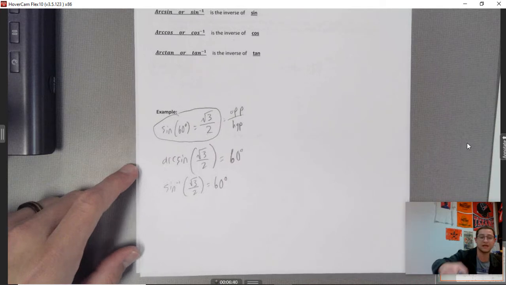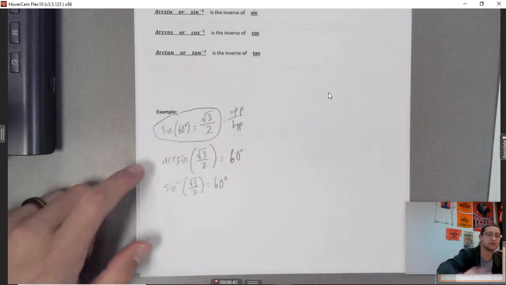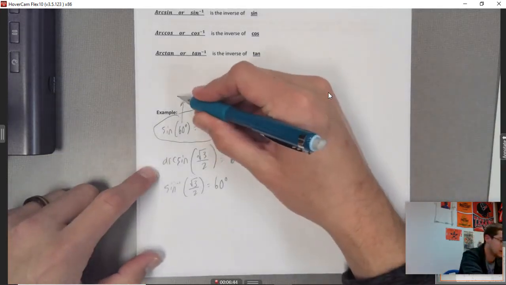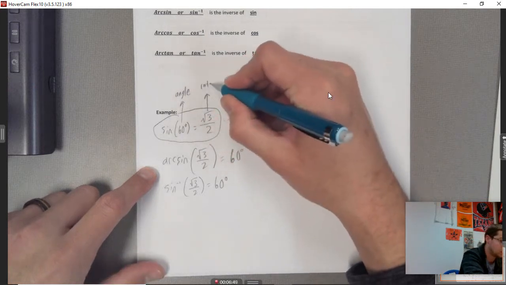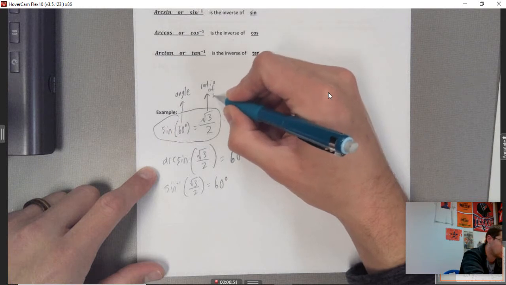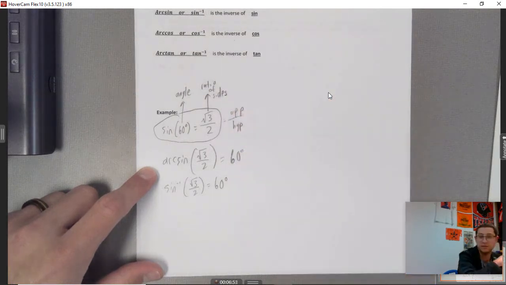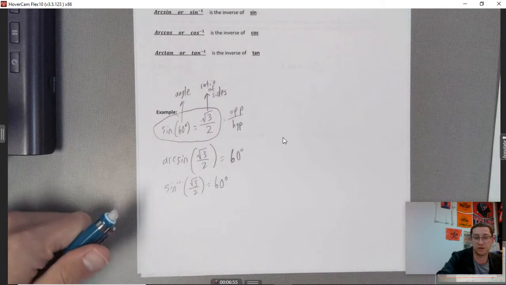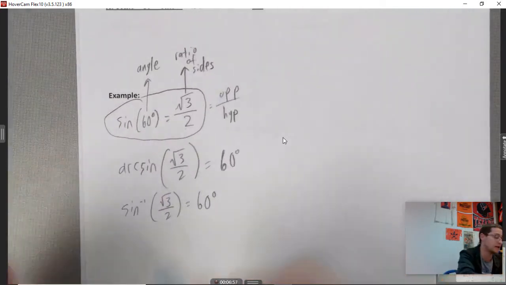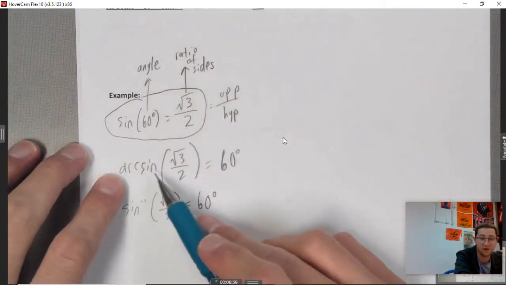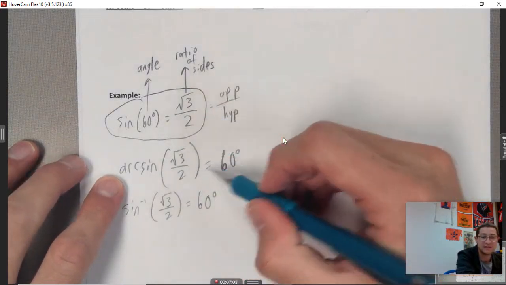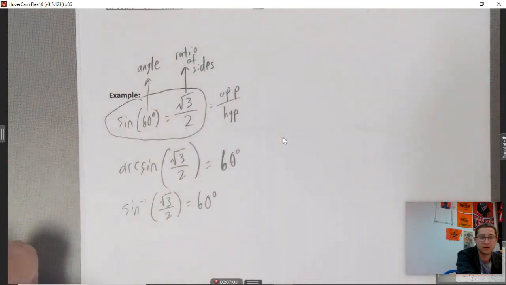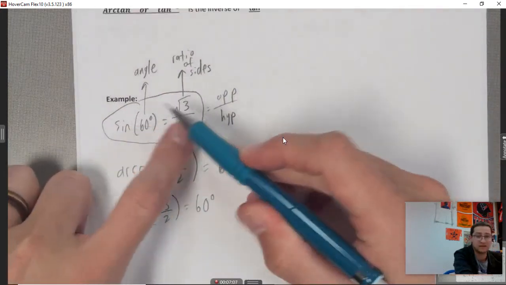So again, you have to be careful with your input and your output. Here, this is an angle. Here, this is a ratio of sides. With arc sine, inside is the ratio of sides, and then out is the angle, so you are flipping these two.